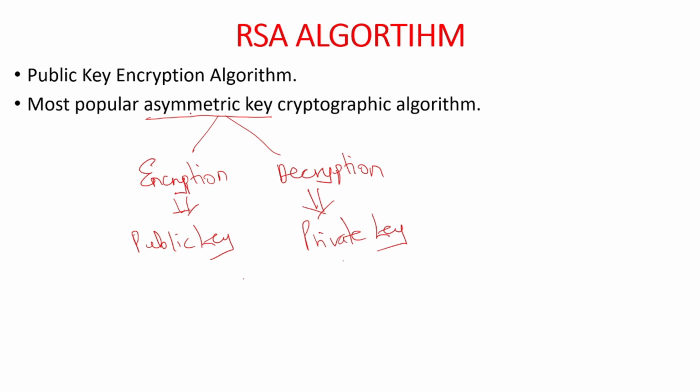That's why it is called an asymmetric key cryptography algorithm. Asymmetric means two different keys are used, one for encryption and one for decryption. The same key is not used for both. It is the most popular one.